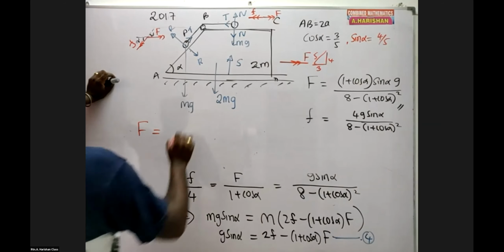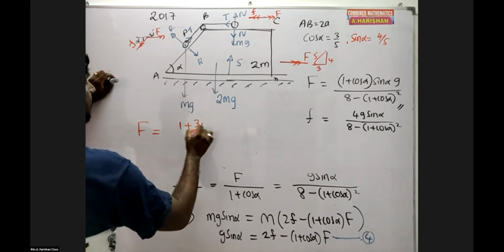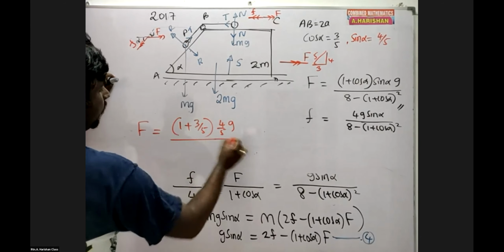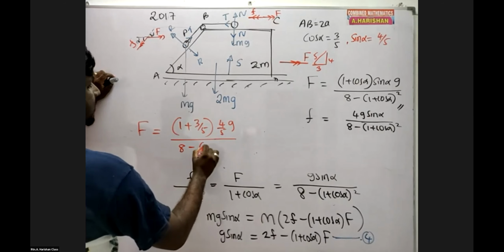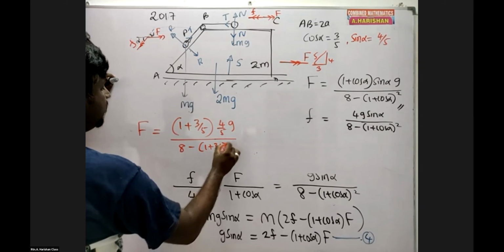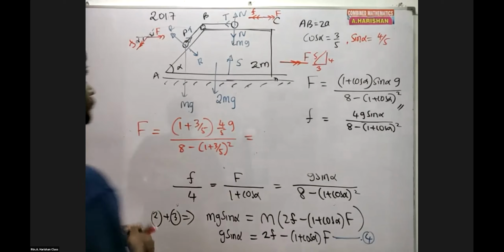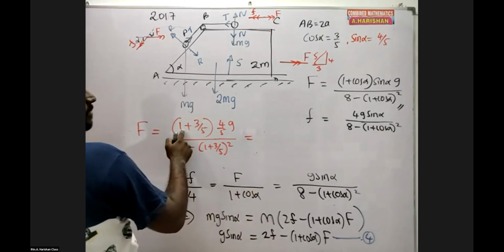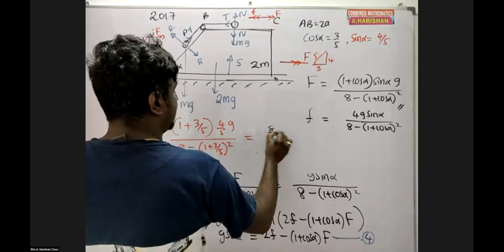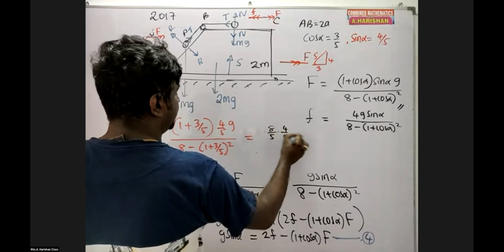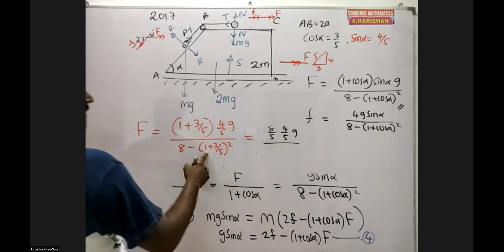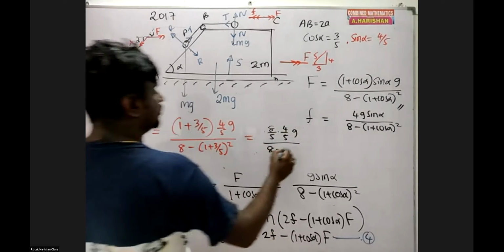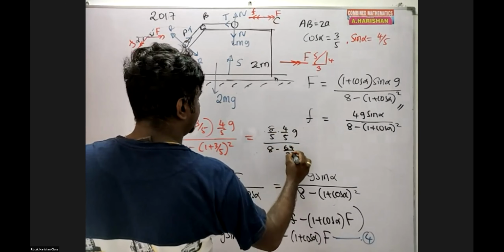Capital F is 1 plus 3 by 5, sin alpha 4 by 5 g, over 8 minus 1 plus 3 by 5 whole thing square. What is the answer? This is 8 by 5. So 8 by 5 into 4 by 5 g over 8 minus 8 by 5 whole thing squared, which means 64 by 25.